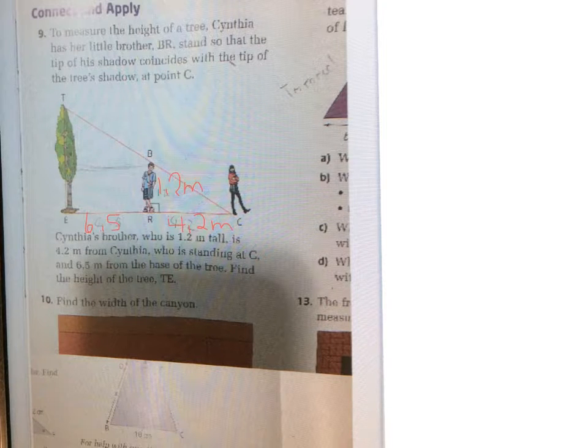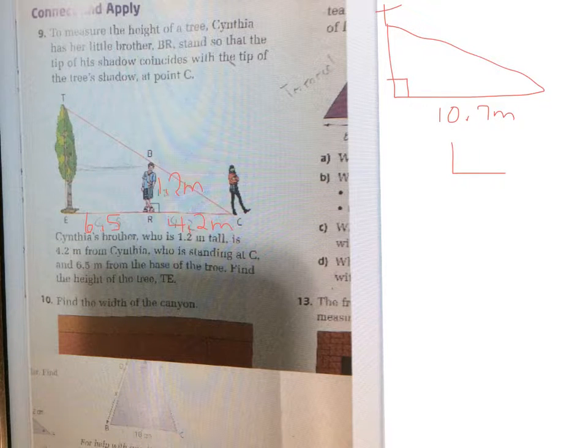Okay, so what happens is if we draw that out as two separate triangles, here's the big one with the tree, T for tree, and then we should have a right angle for the tree growing straight up. And this side, this is the tricky part, this side is 10.7 meters altogether. So that triangle looks like that.